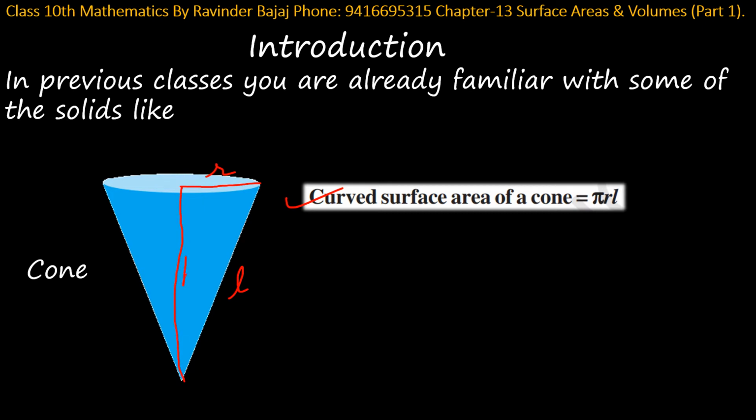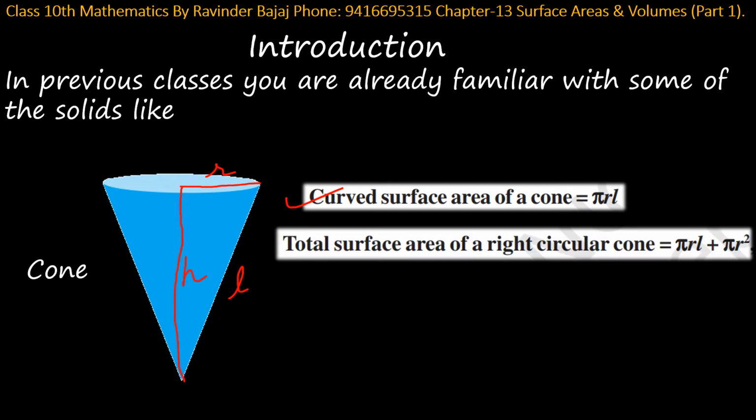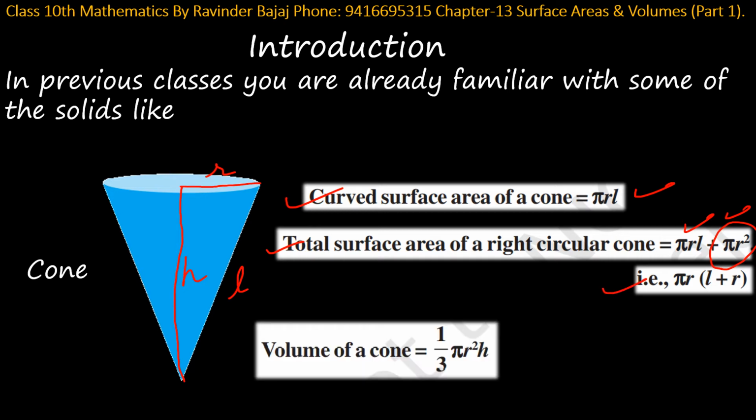Total surface area of the right circular cone is pi r l plus pi r square. Here only the curved surface area is there and the circle is the flat area. So curved surface area plus flat surface area is the total surface area. And volume of a cone is 1 by 3 pi r square h.